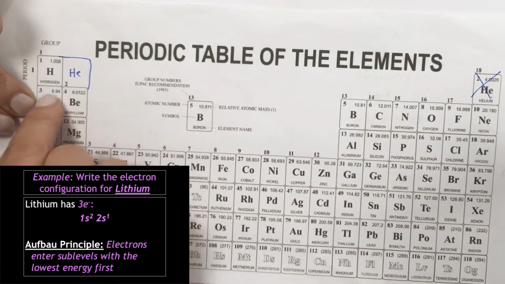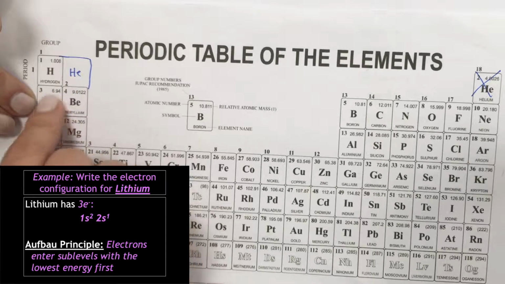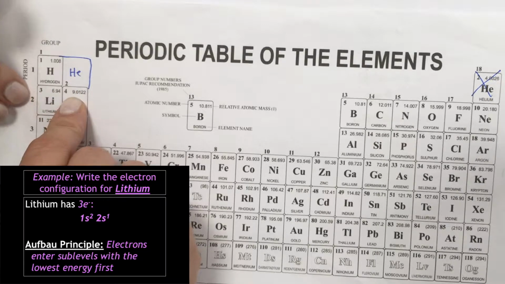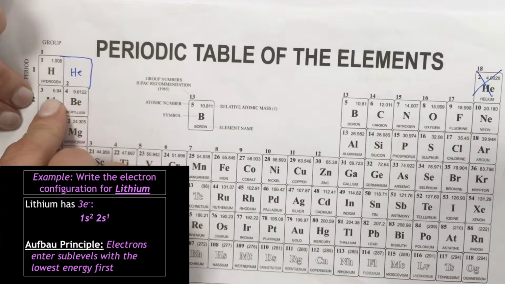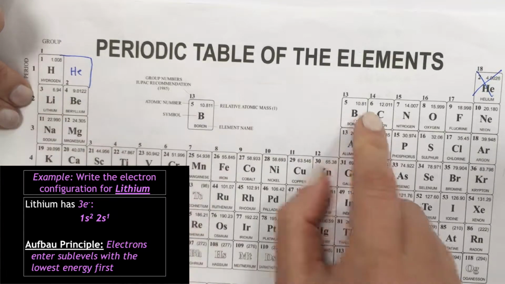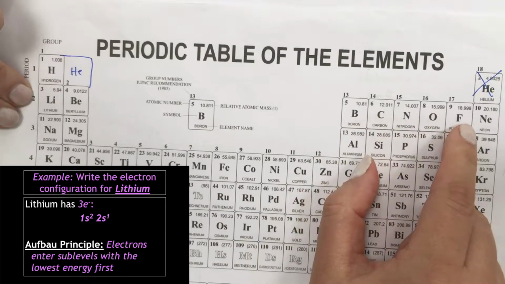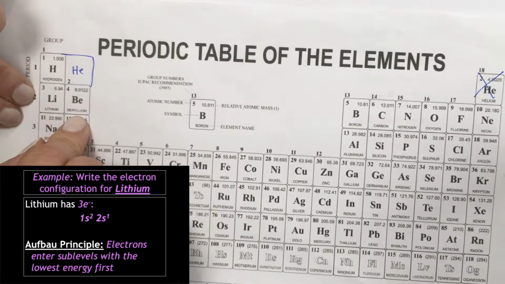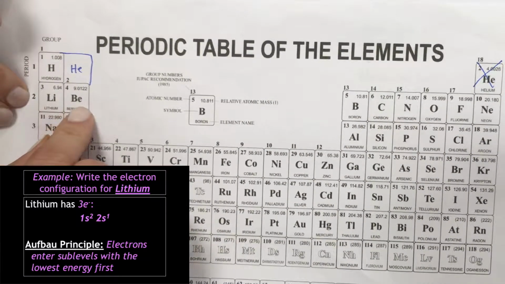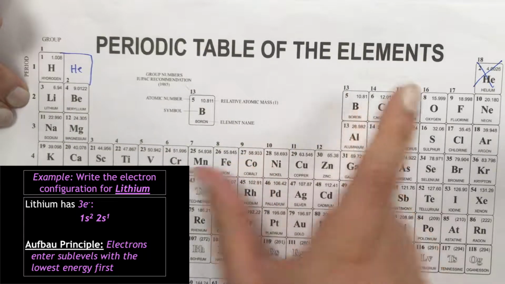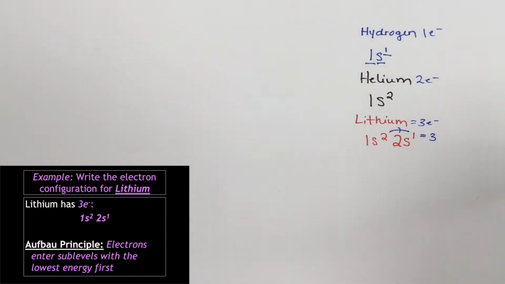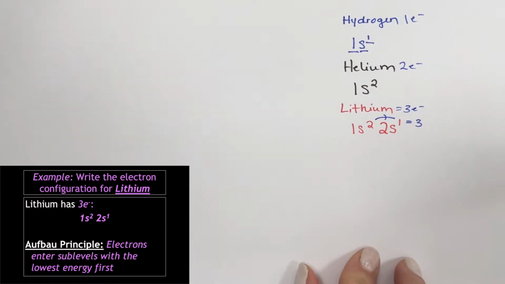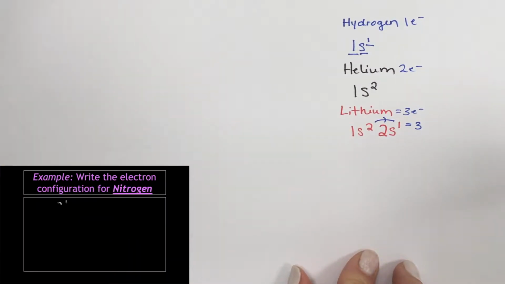It would be unstable to have 3 or 4 electrons all stuffed into an S sublevel that can only hold 2. So it is more stable to move to a P orbital once this is full, but you always start here. Even though it's a second energy level with an S and a P, it will always fill the S sublevel first. So that's basically the Aufbau principle, and you'll see that as a matching question on your test.